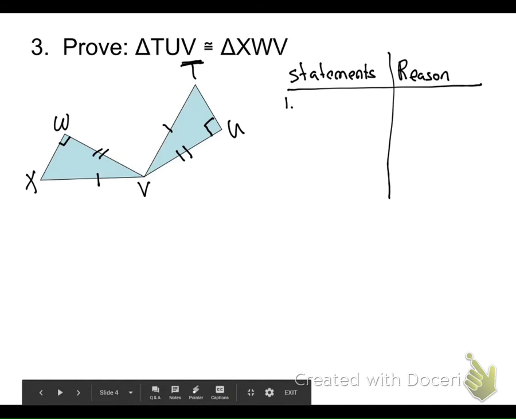So what is given in this picture? Let's start with the segment. TV is congruent to? So TV has one tick mark, and then VX also has one tick mark. We also have the fact that WV is congruent to which one?